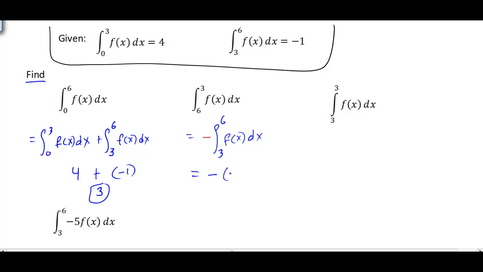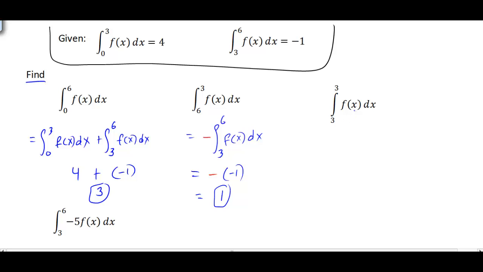So we have a negative, negative 1. So this negative is the negative because we switched the order, so therefore we end up with a positive 1 for an answer. And again, this is due to switching your limits.